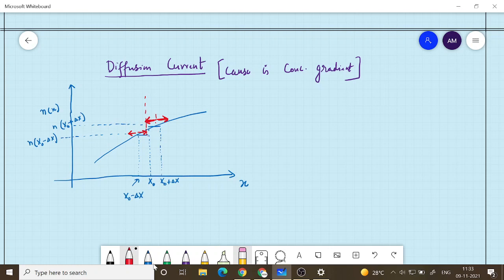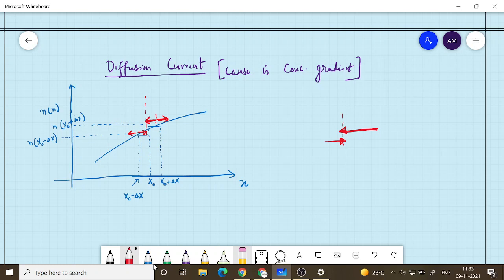So let me look at the motion of electron coming from the right. I will give it more emphasis. This is the motion of electron coming from the right. This length of the arrow determines the number of electron coming from the right, crossing x0, and another arrow I will put for the electrons coming from left crossing the point.